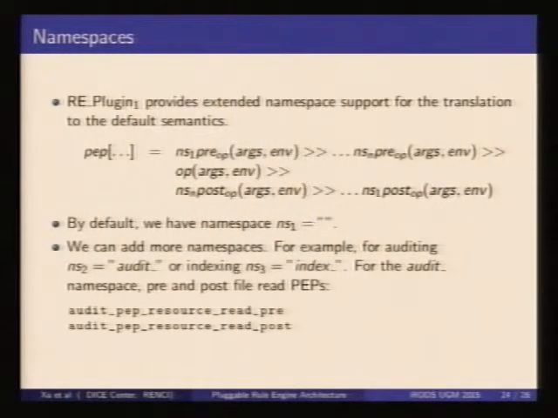But I can create different namespaces, like audit and set index. So you have something like audit PEP something, audit PEP something. When your rule lives in a separate namespace, it creates modularity in your system, which means you can distribute these policies without affecting other policies.